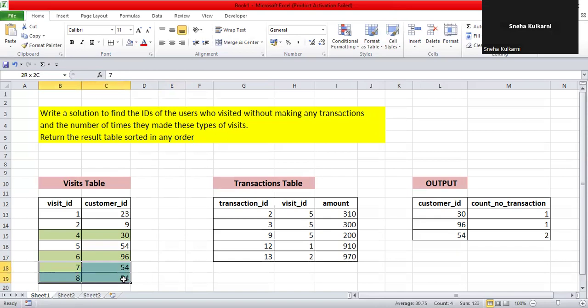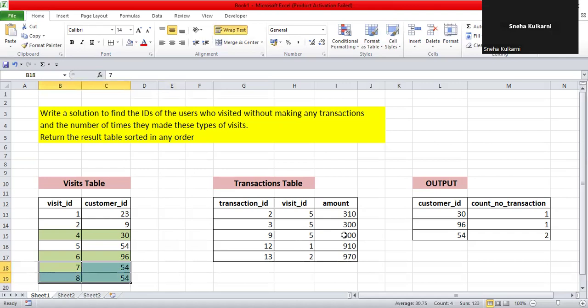Customer ID 54 visited with visit ID 7 and 8, but neither visit ID 7 nor visit ID 8 is present in the transactions table.